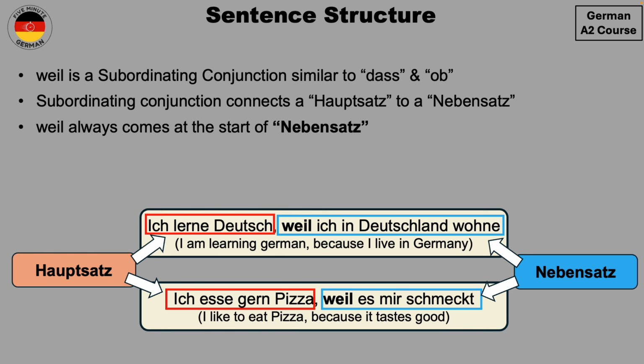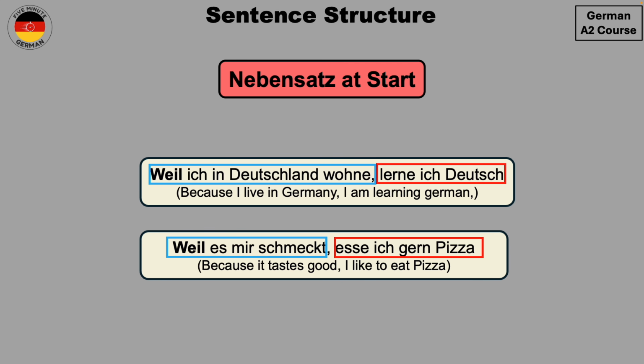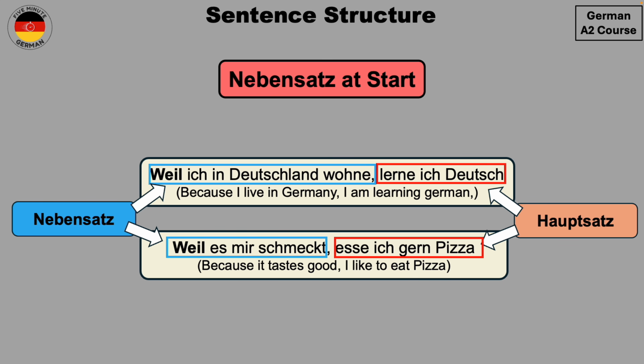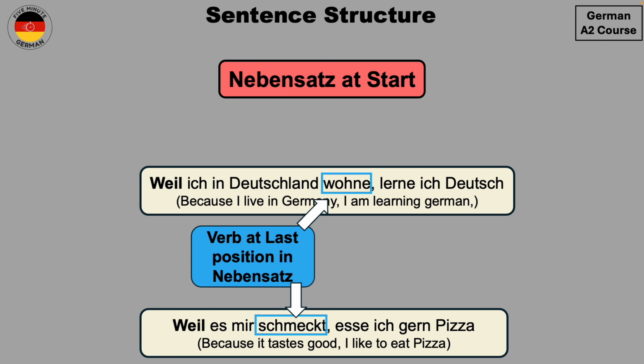Over here we see that the Hauptsatz comes at the start and the Nebensatz comes after it. But we can write these sentences in another way, and that is that the Nebensatz comes at the start with weil and the Hauptsatz comes after the Nebensatz. So you see over here the Nebensatz comes at the start and after the comma we have the Hauptsatz. And for Nebensatz the rule will remain the same, and that is that the verb goes to the last position because we are using weil.